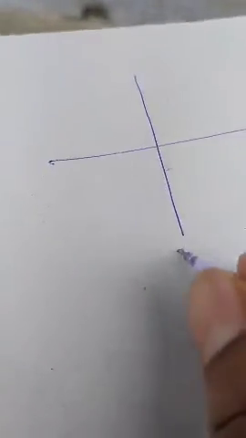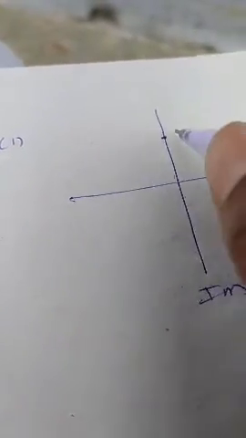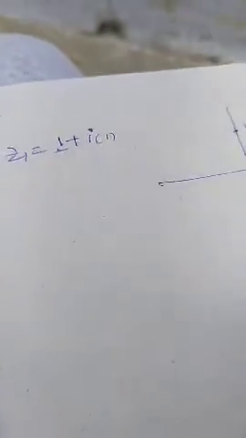As I already explained with some examples, suppose you need 1 plus i, how to represent it on the real axis and imaginary axis. This is the real axis, this is the imaginary axis. Here, what is the real part? 1. So I am taking 1 here. What is the imaginary part? The imaginary part is also 1. I am taking 1 on the imaginary axis. So this will give the point (1, 1). This is the first complex number Z1. If you want to represent it as a vector, you join it with the origin.